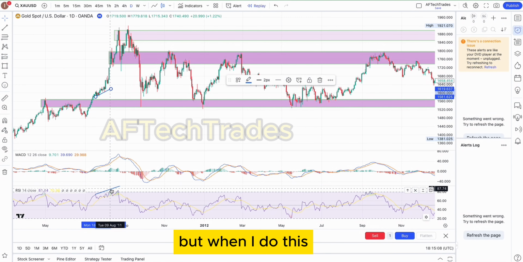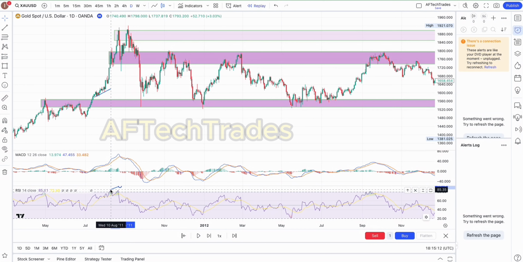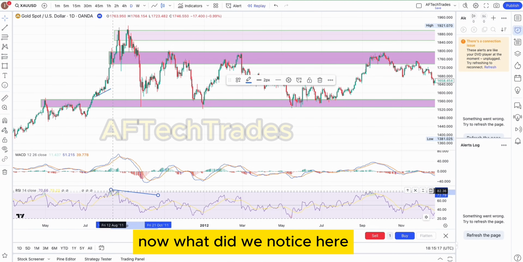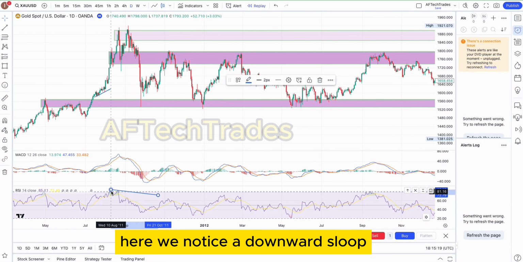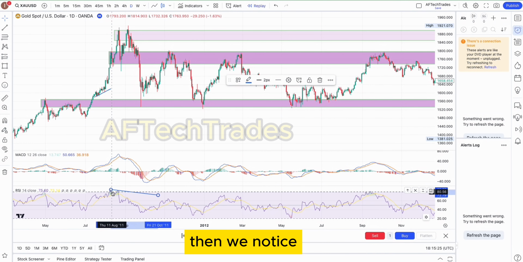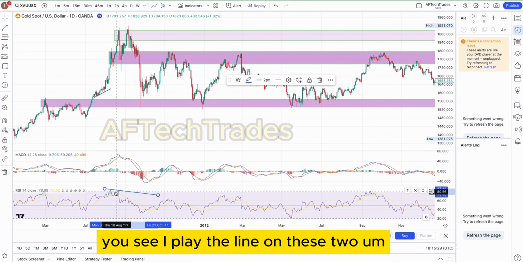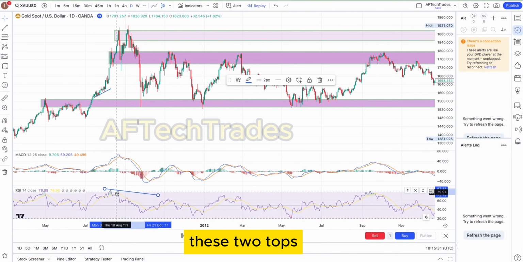Okay, but when I join this place like this, what did we notice here? Here we notice a downward slope. It's just the two points here that I joined. You see I placed the line on these two tops.